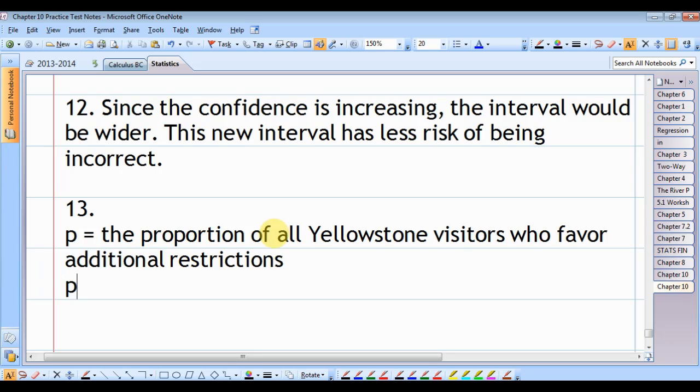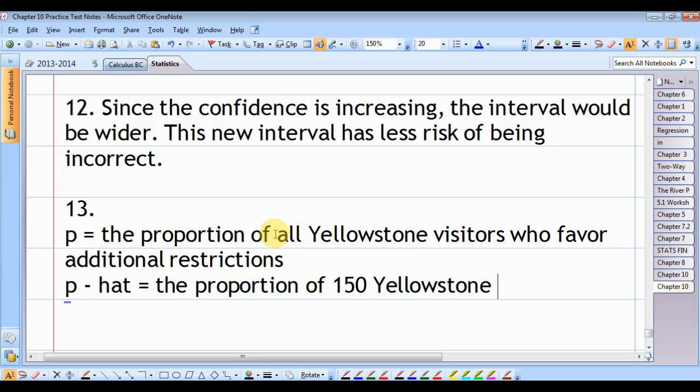And p hat is equal to the proportion of 150 Yellowstone visitors who favor additional restrictions.